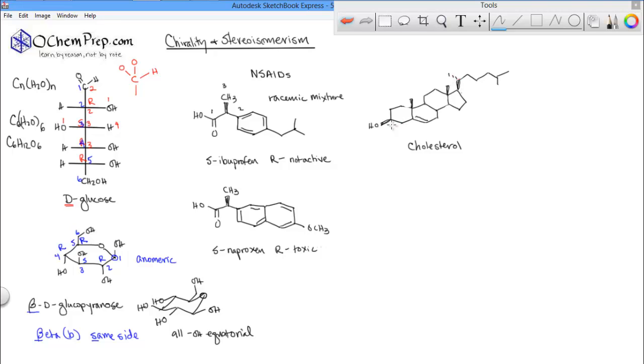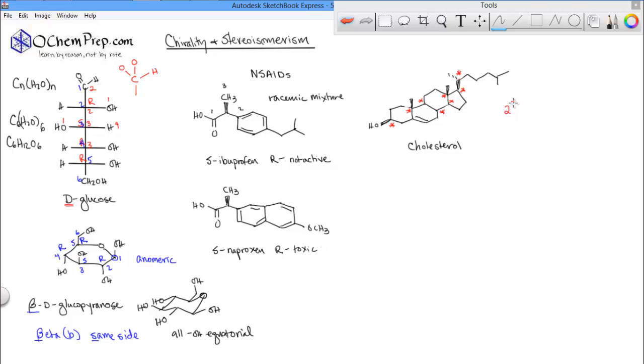If we count up the chiral carbons in this structure of cholesterol, we'll see one here, one here. This one isn't chiral because it's sp2 here and here. This one and this one here and this one. So if you look, 1, 2, 3, 4, 5, 6, 7, 8 different chiral carbons.